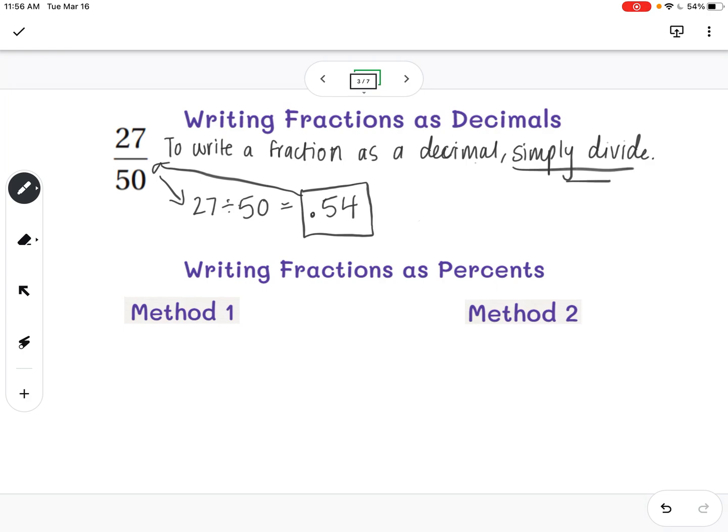All right, now writing fractions as percents. So we have a few different options here. I'm going to give you method 1, which is my personal favorite. Simply divide to find the unit rate. That's how many per 1, right?